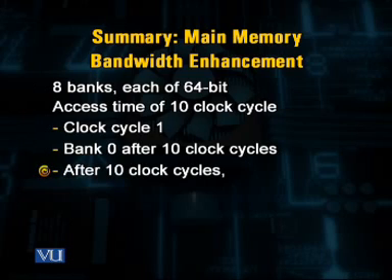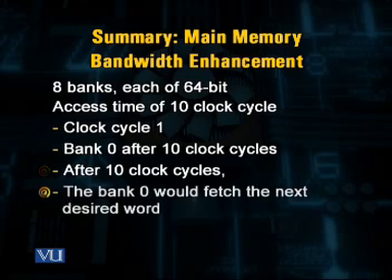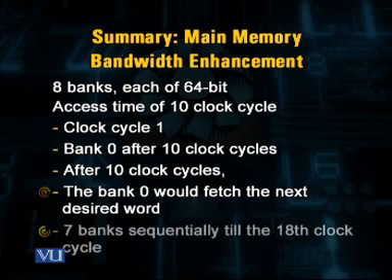Now, after the 10 clock cycles, bank 0 would begin fetching the next desired word, and the CPU would receive the word from the following 7 banks sequentially till the 18th clock cycle.